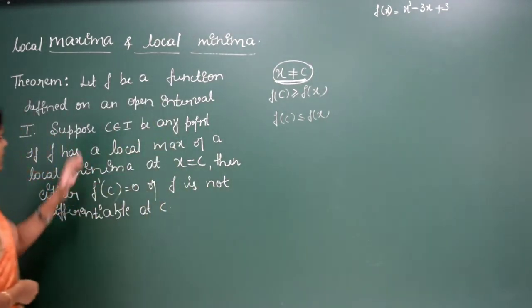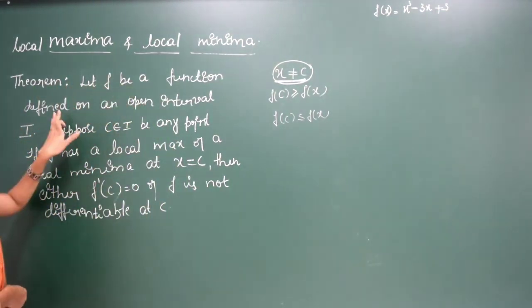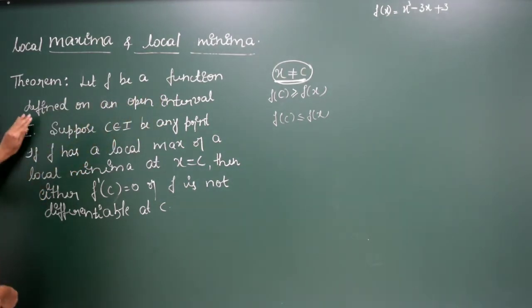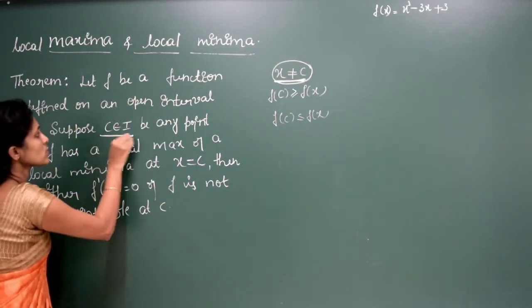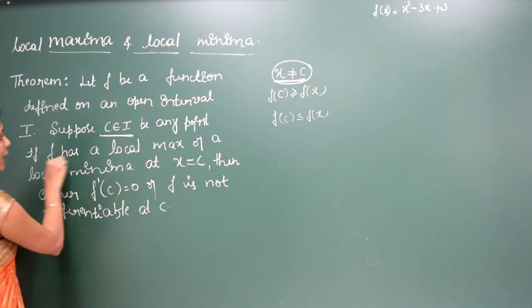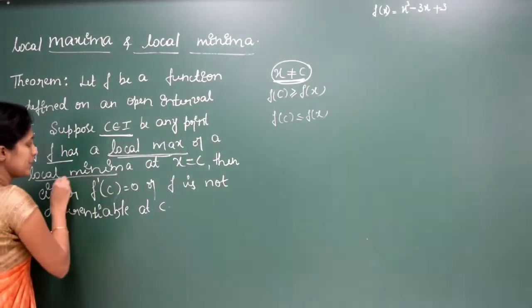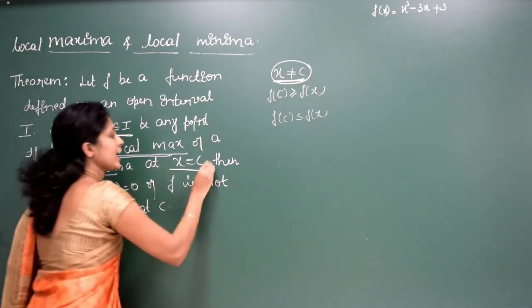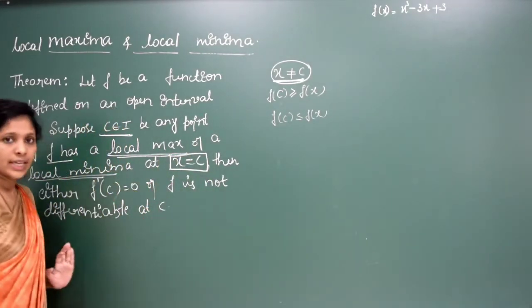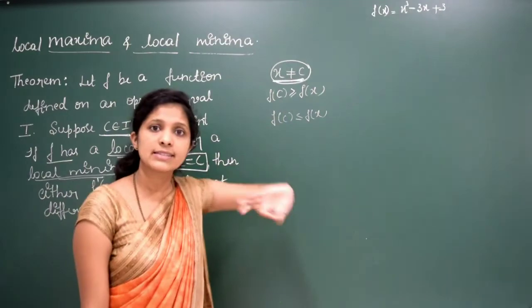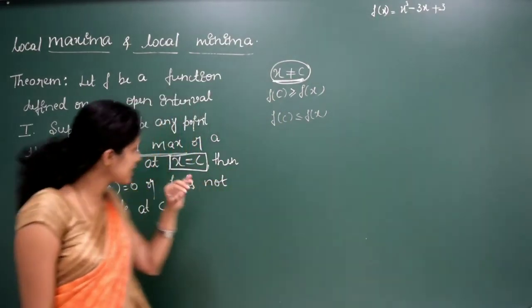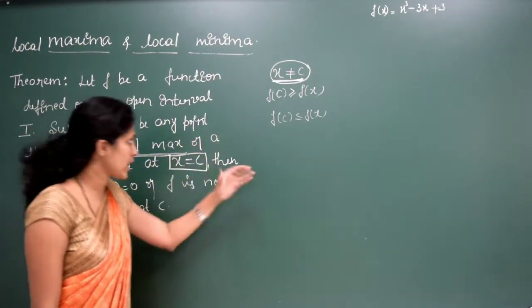Here the theorem says that, let f be a function defined on an interval I. Suppose c belongs to I, be any point where f has a local maxima or local minimum at the point x is equal to c. Here we have represented that x cannot be equal to c. If x is equal to c, then what happens?